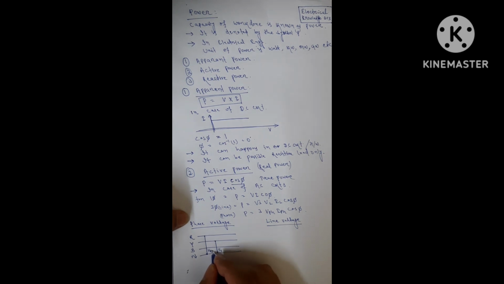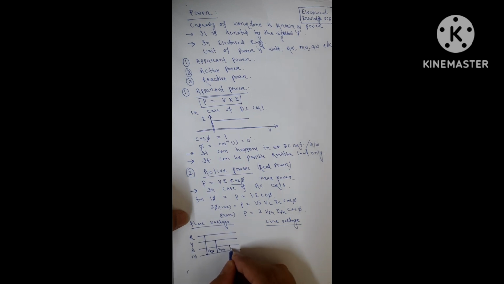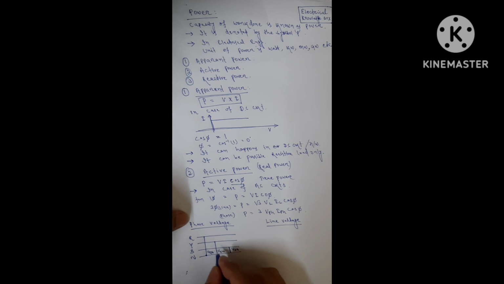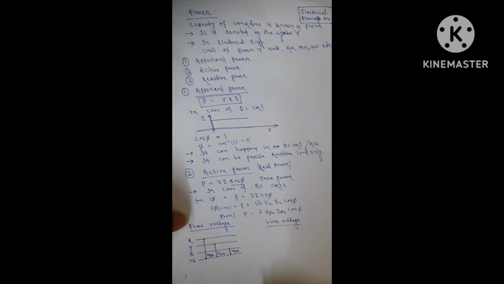You can also write RN, YN, and BN. That is B phase, this is Y phase, this is R phase. Understood?